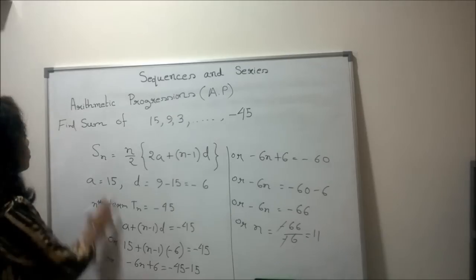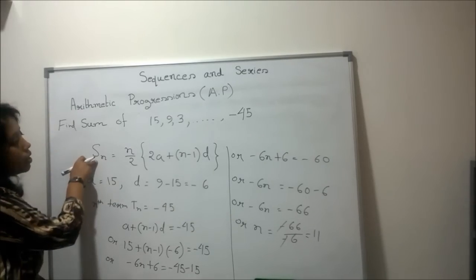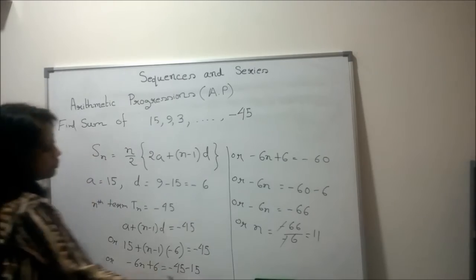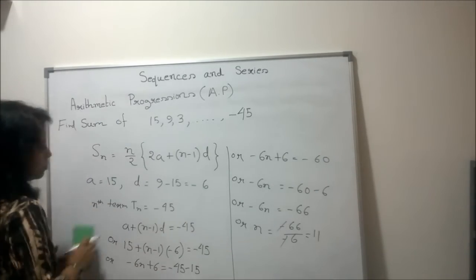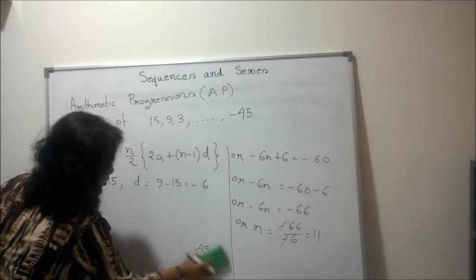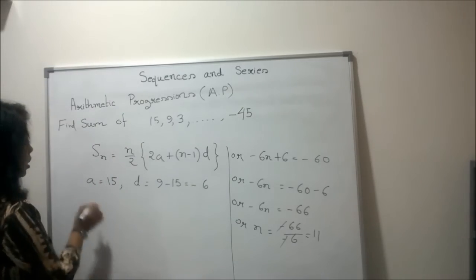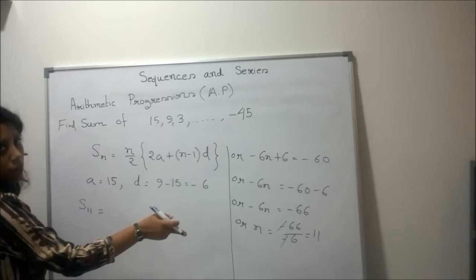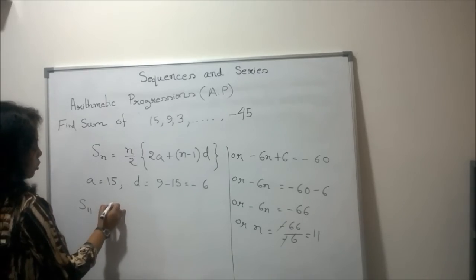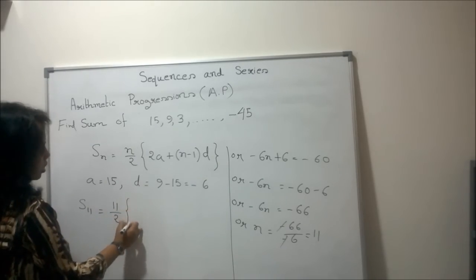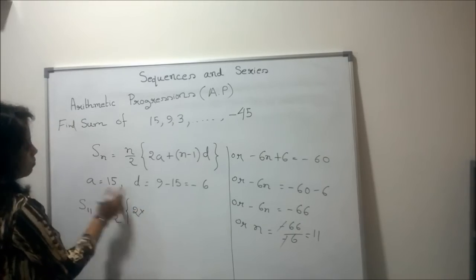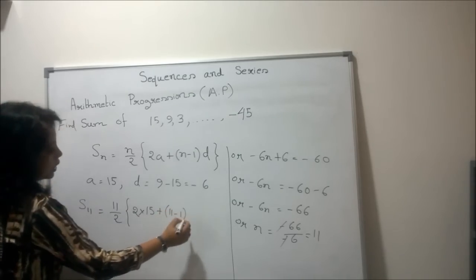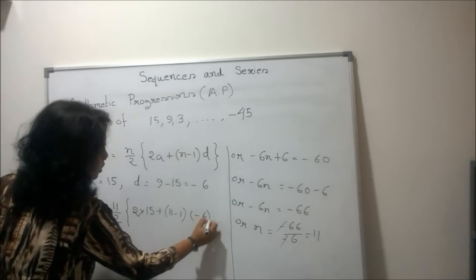So we have to find out the summation of the sequence S11. Okay, so here you get S11. So in place of n, now we know n is 11. So 11 by 2, 2 into a is 15, plus 11 minus 1, d is minus 6.